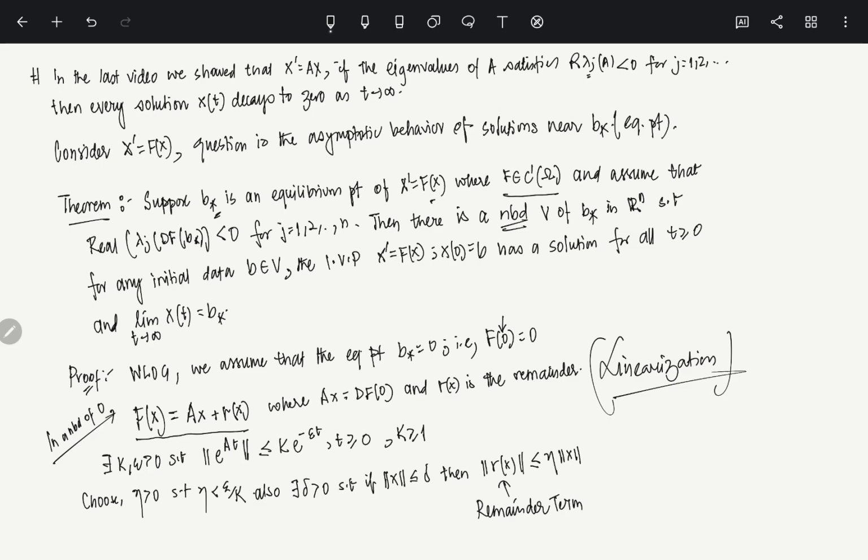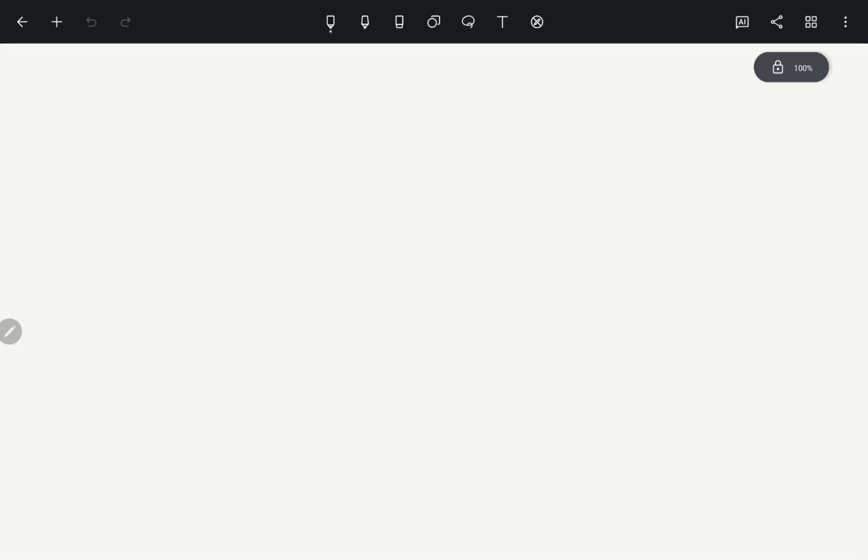Okay, now the thing is this. See, what we are going to do is this. So we are going to define a new set V. What is the definition here? This is the set of all those b in R^n such that |b| is less than delta by K. Okay, this is contained in the ball with center 0 and radius delta.